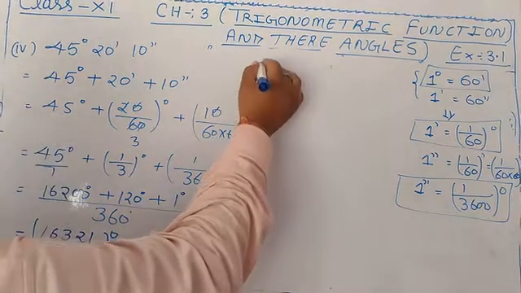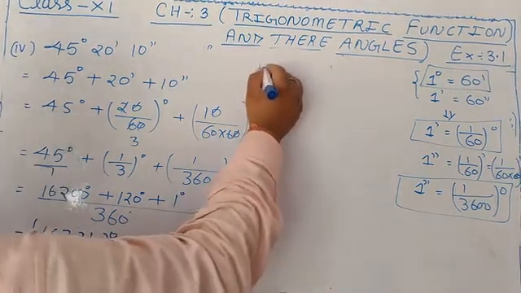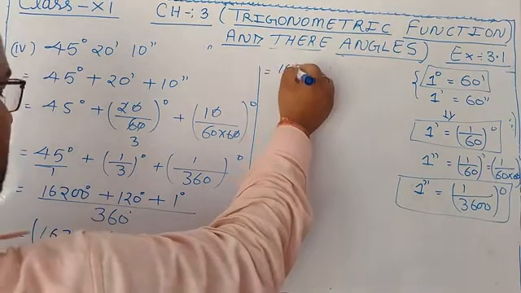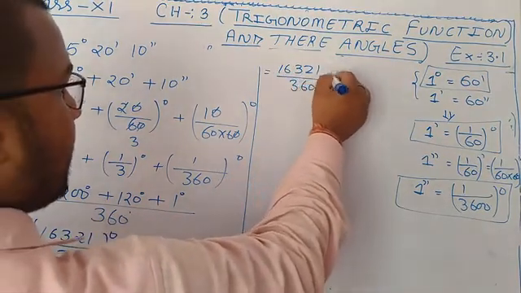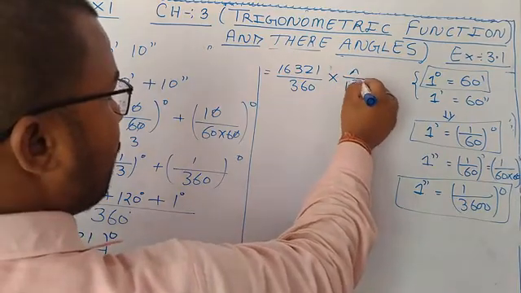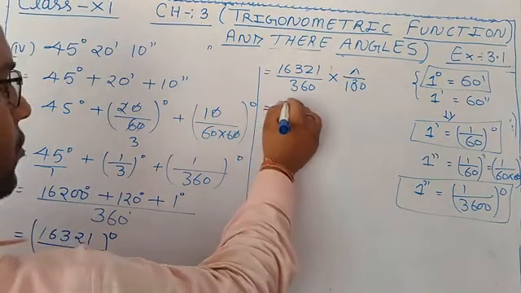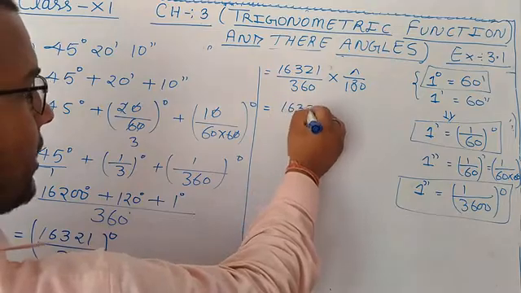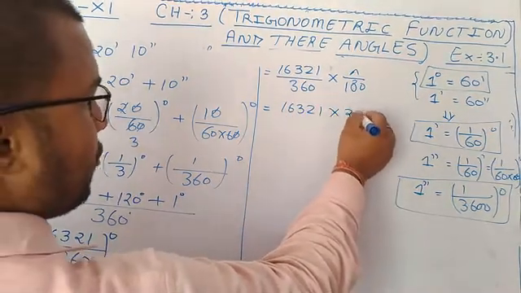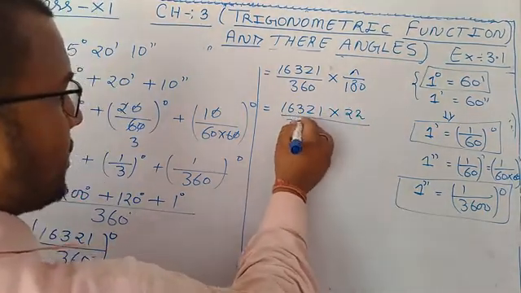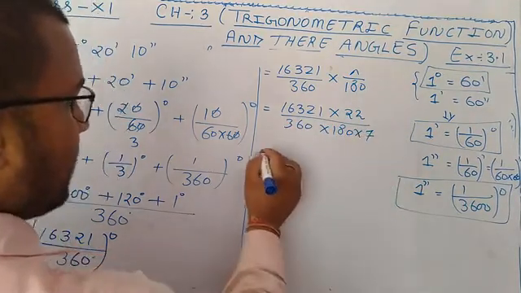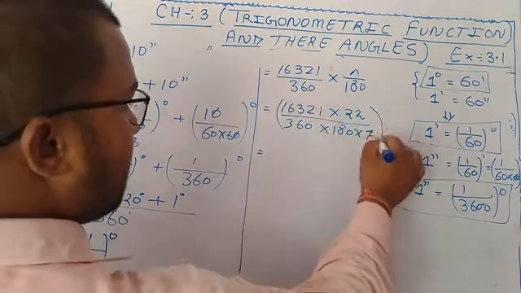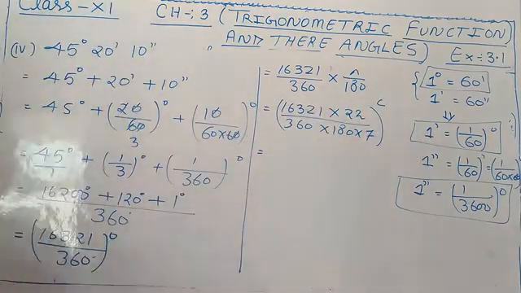Convert to the radian form. 16,321 upon 360 into pi upon 180. So 16,321 into 22 upon 360 into 180 into 7 in the form of radian form.